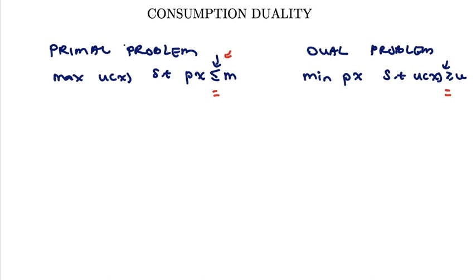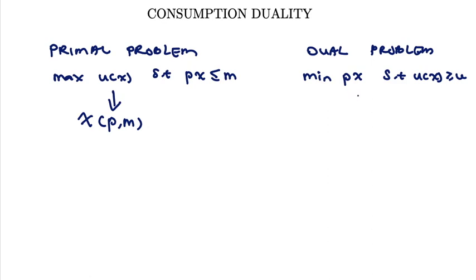So for instance, if we have a primal problem here, subject to this budget constraint, then we can end up with Marshallian demand function, which is a function of prices and also income.